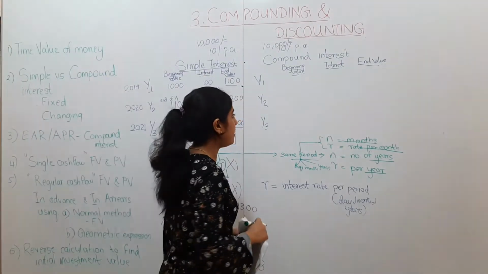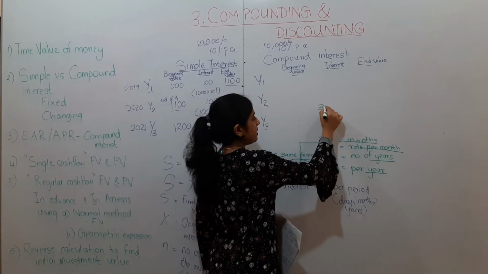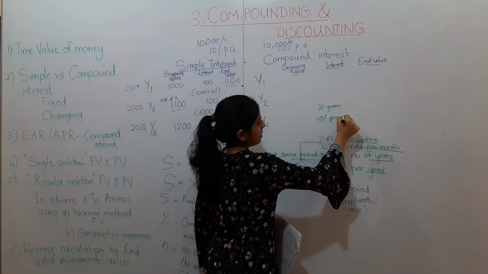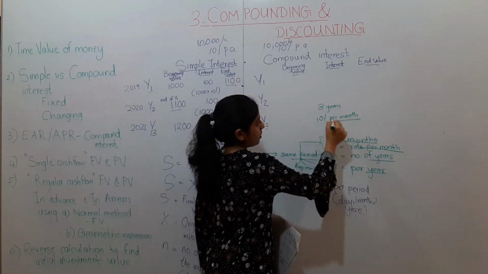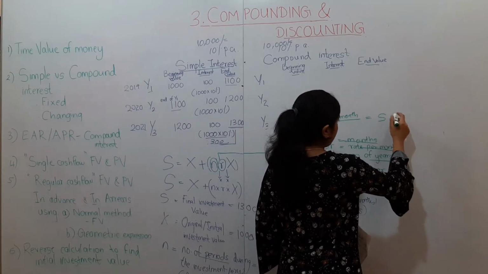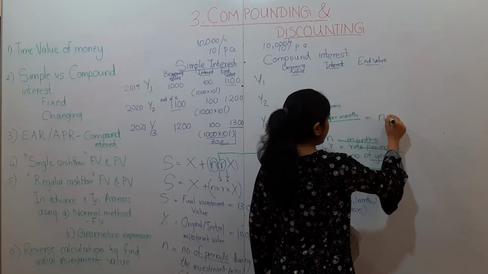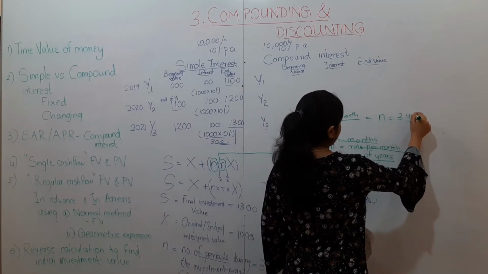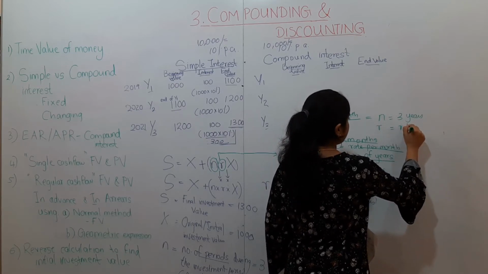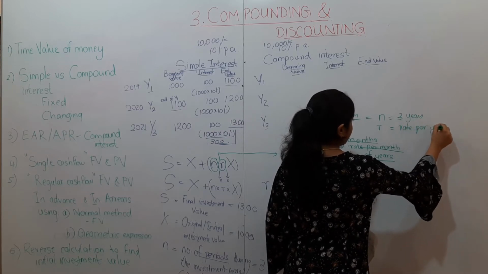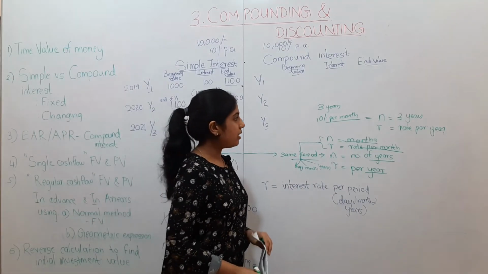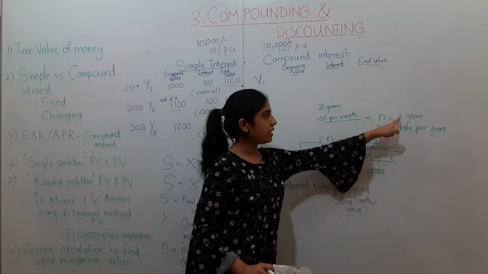For example, if the investment period is 3 years, but they gave a 10% interest rate per month, you would have n equal to 3 years, and r should be the rate per year. But we cannot find the rate per year here because they have given the rate per month. Then we can convert the number of years into months.